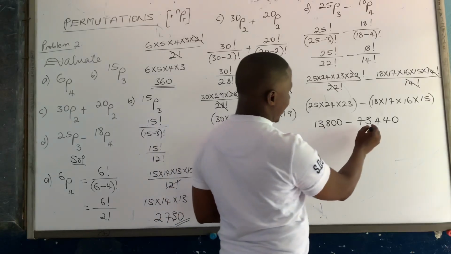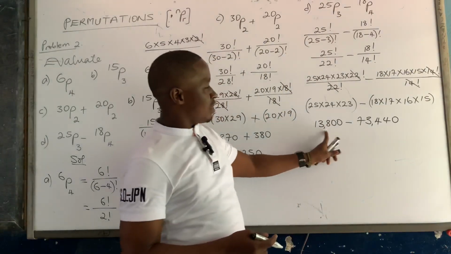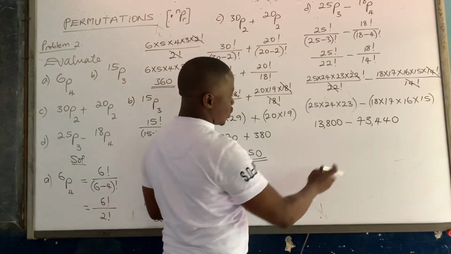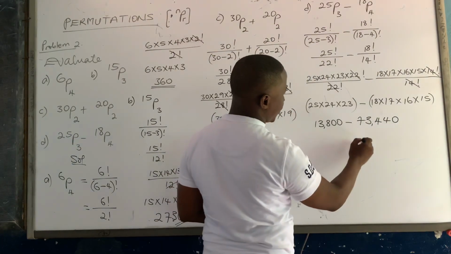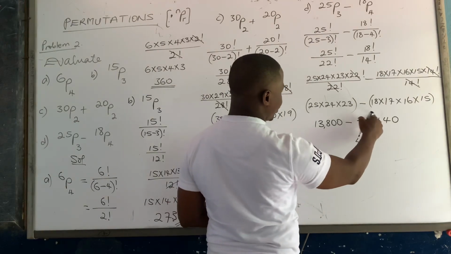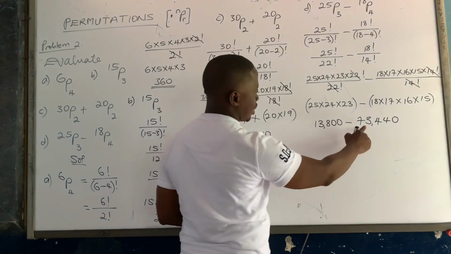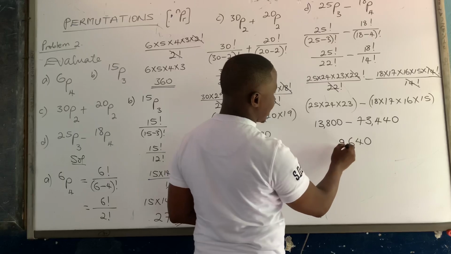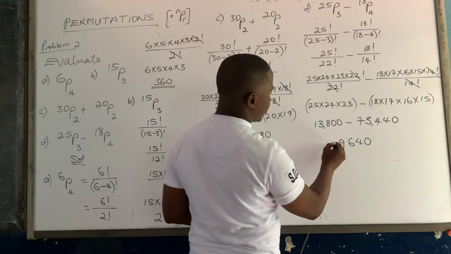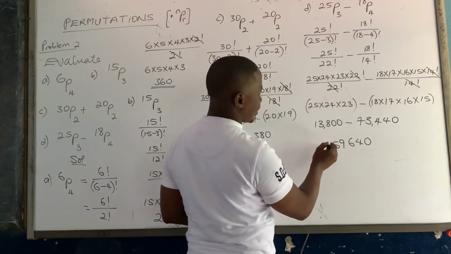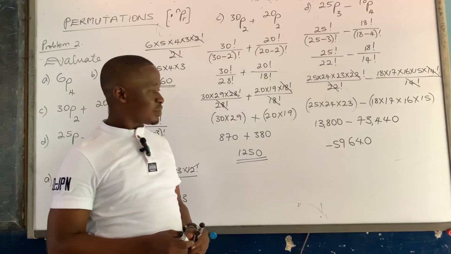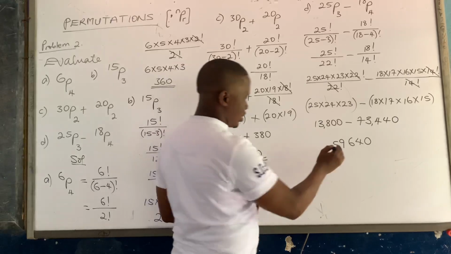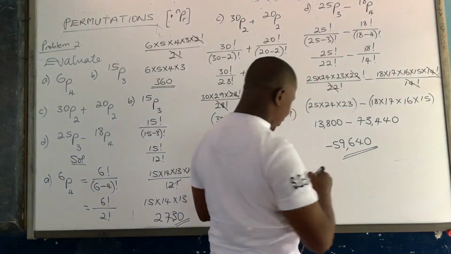So now this minus this. So 0 minus 0, we have 0. We have 4. And 14 minus this is 6. 12 is 9. But this one is bigger. So what do you get? 9,600. Alright. So this is what we get.